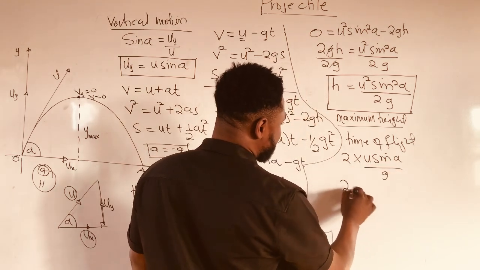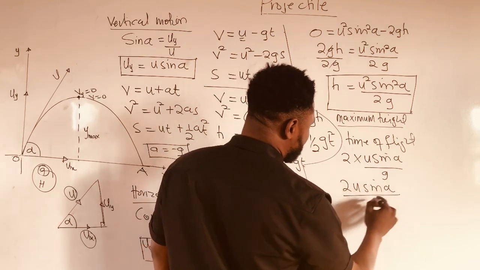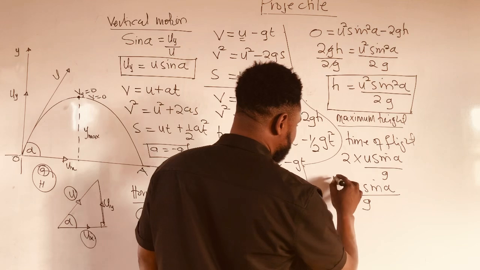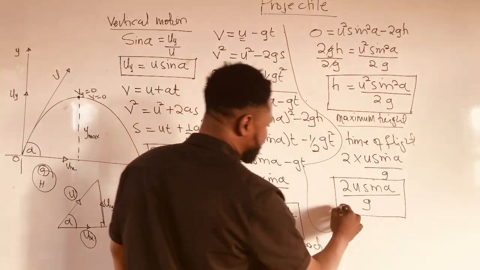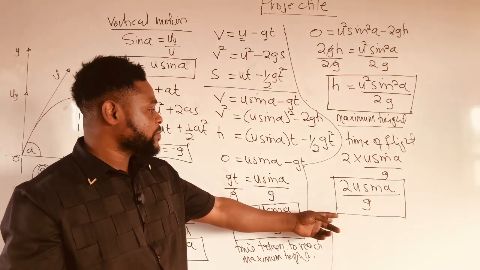So the time of flight is going to be 2u sine alpha all over g.